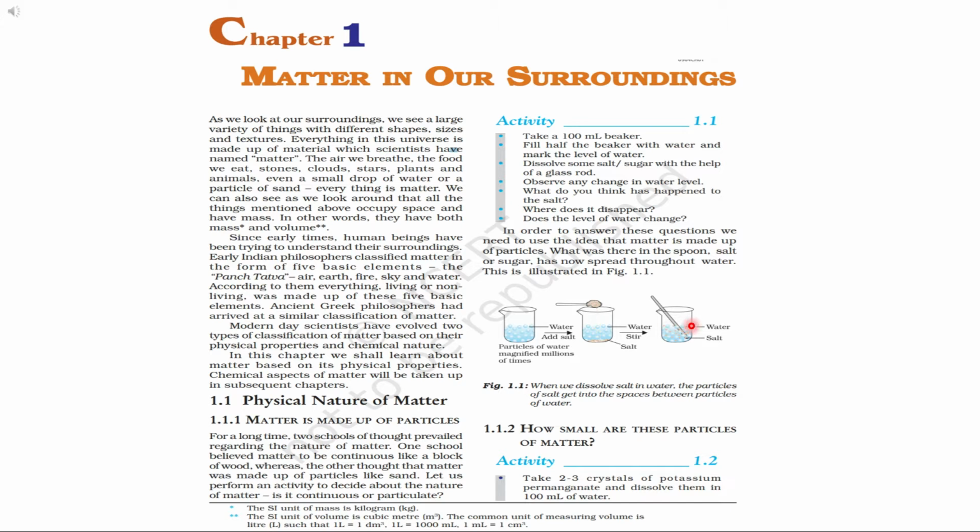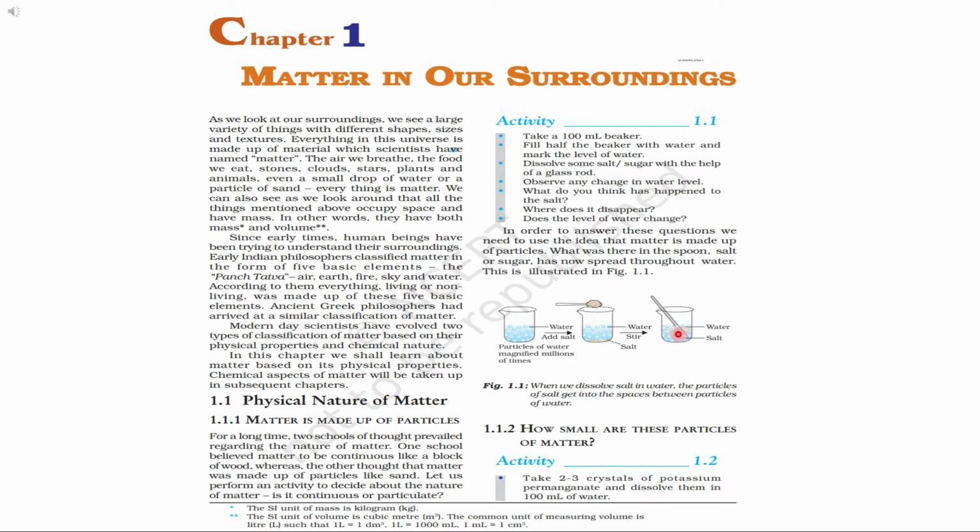So what happens when sugar or salt dissolves in water? Its tiny particles break off from the solid sugar or salt crystals. The sugar particles or the salt particles go into the space between the particles of water and mix with them, right? So we get sweet water and salty water. So what can we conclude here?